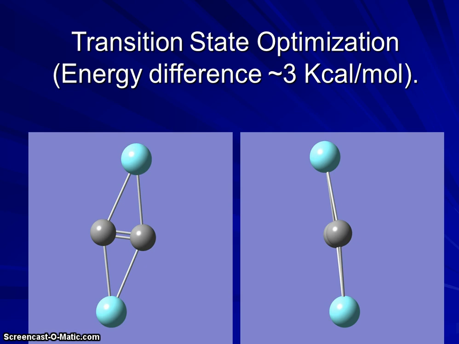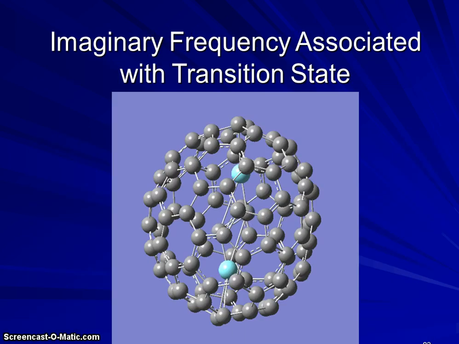And whenever we optimize and find a transition state structure, we get an imaginary vibrational frequency that corresponds to vibrating through the transition state structure between two optimized structures. And here's a video of what that vibrational state looked like.